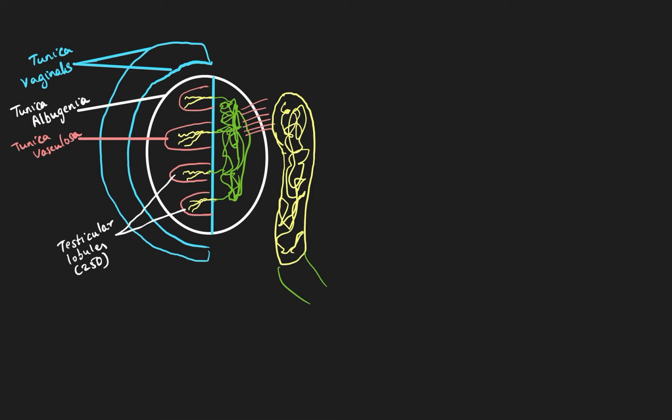The seminiferous tubules inside them are the yellow color you are able to see. In every testicular lobule you can see 1 to 3 of them.